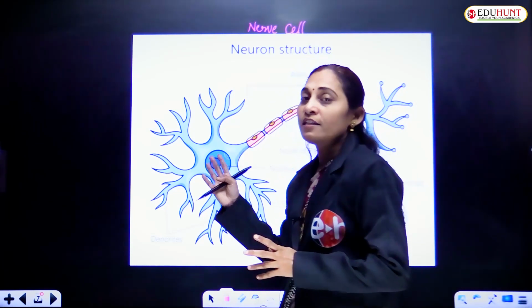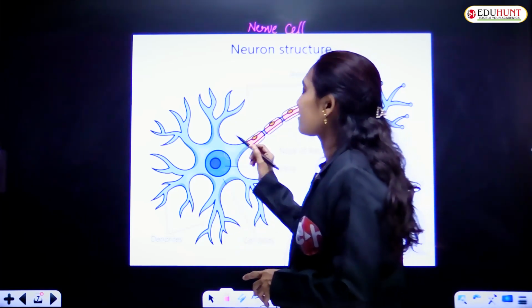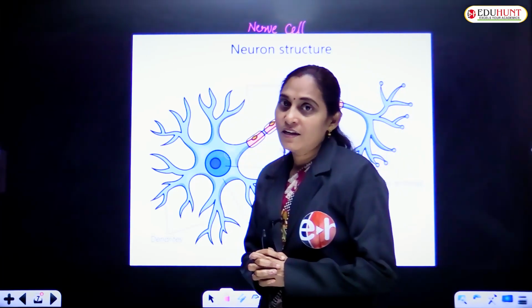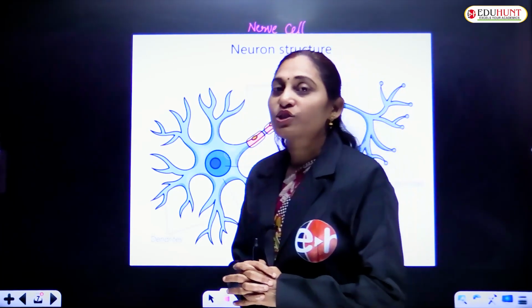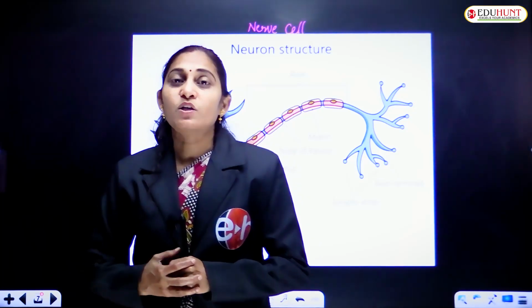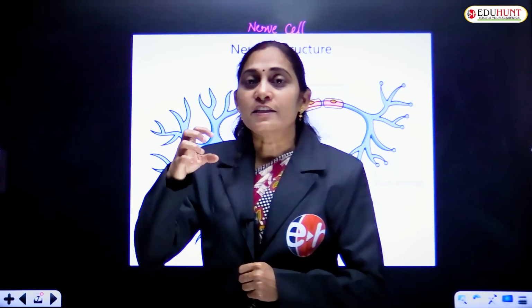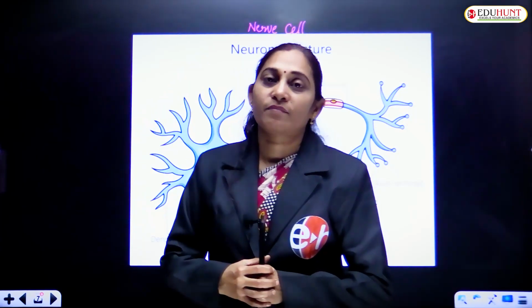It starts here. This is the main center and this is a nerve cell. Without knowing the structure of a nerve cell, we cannot proceed further. We know that the entire control takes place in the brain.